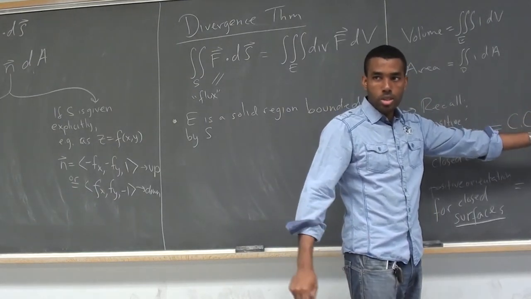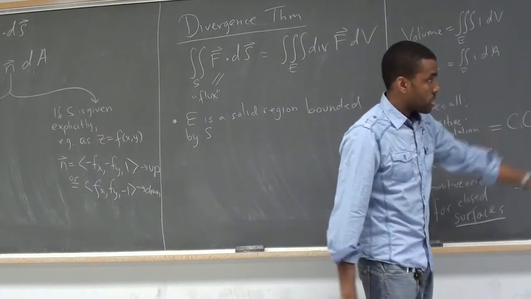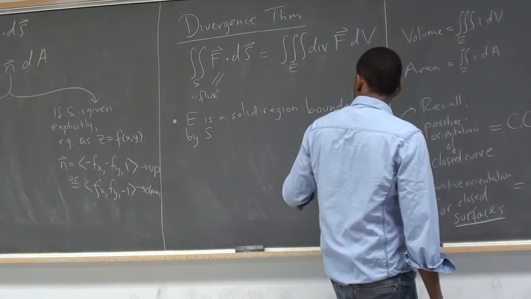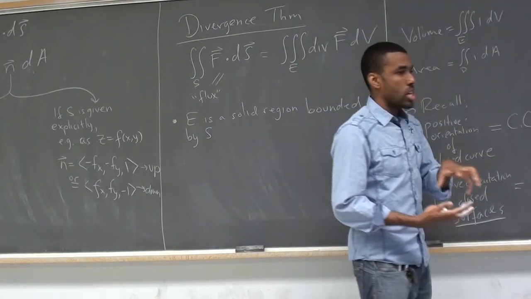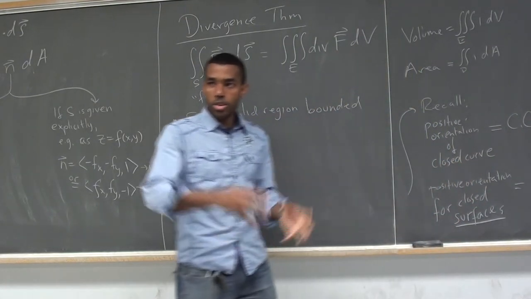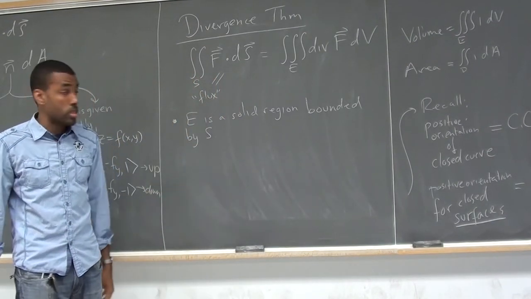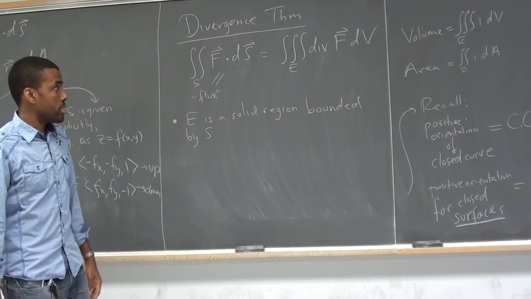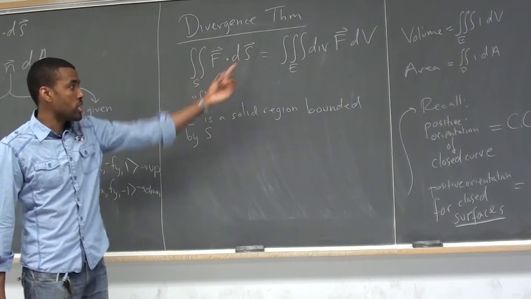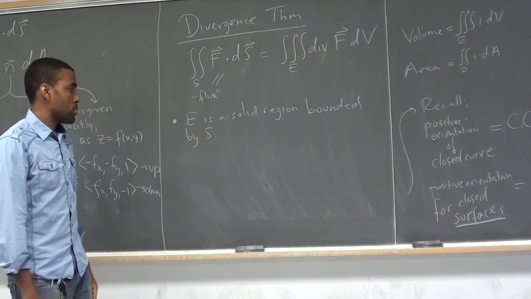The divergence theorem is also R3, but now your solid is three-dimensional and your boundary is two-dimensional, just a surface. That is the divergence theorem. That's the equation. Know when it applies, just in case you can use it.